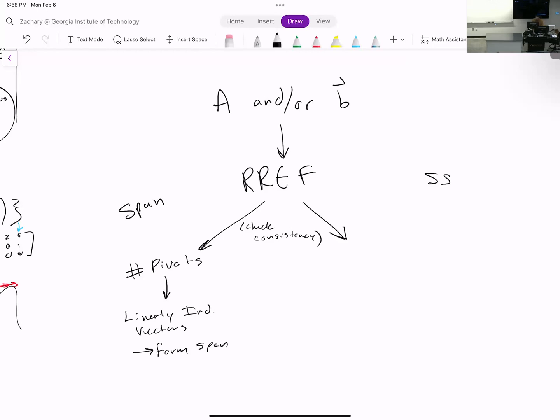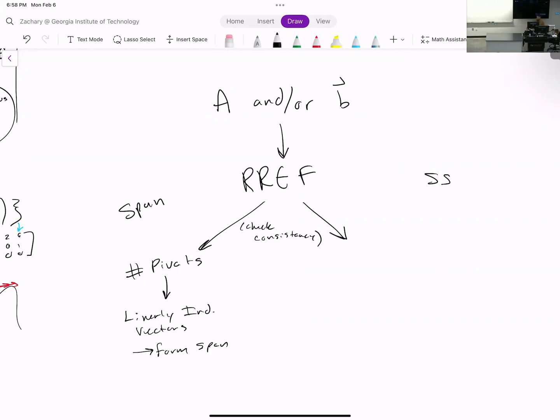What I mean by that is a linearly independent vector is a vector that has a pivot in it in the matrix A, okay? So when we row reduce, we can tell our number of pivots, and from the number of pivots we can tell the shape of the span, okay? That's as much as you'll be asked for this exam. It'll be, is this in the span, which is this consistency step, or it'll be, what is the shape, which is the number of pivots, okay?